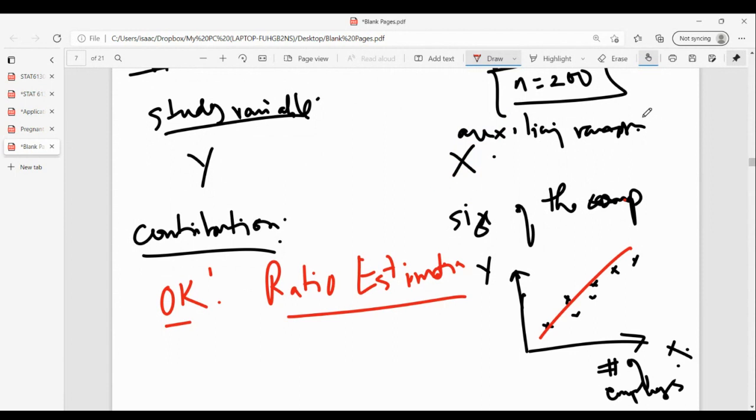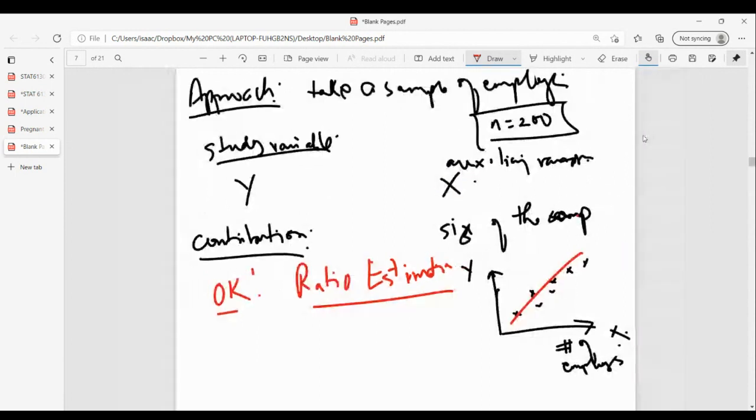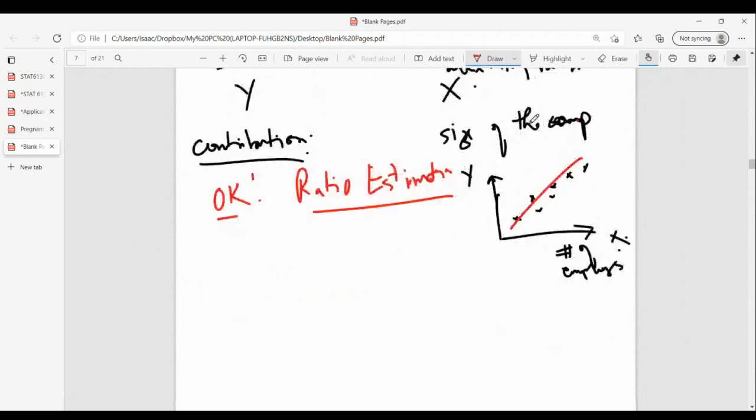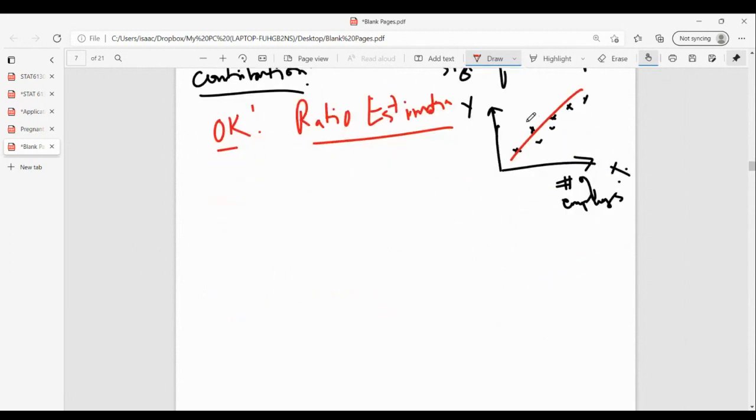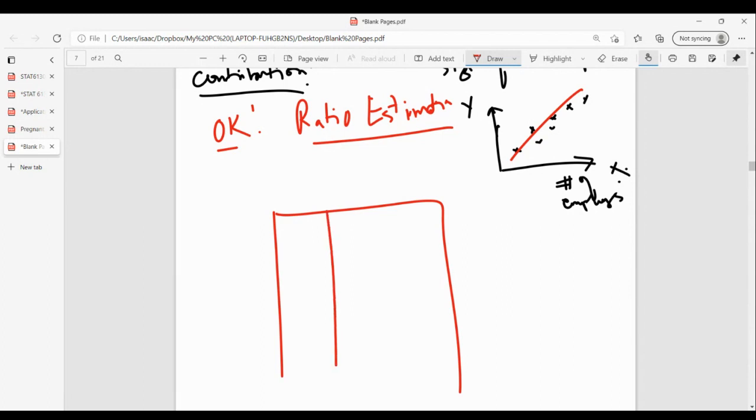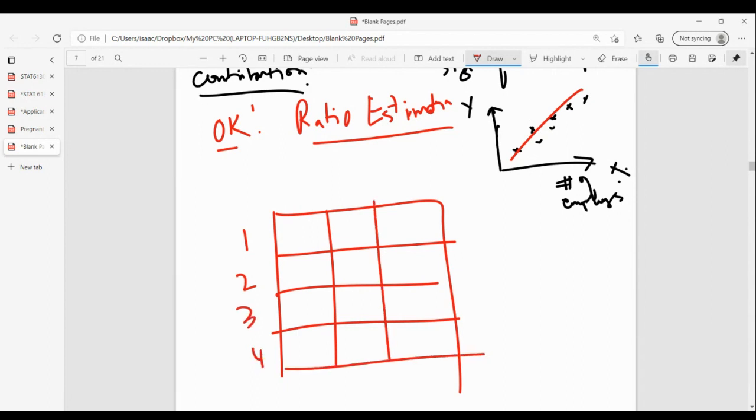But he's not out of the woods as yet, right? Because now what he's doing is he's taking this n is equal to 200 employers and classifying them. So you have maybe 200 employers. So 1, 2, 3, 4, like this.